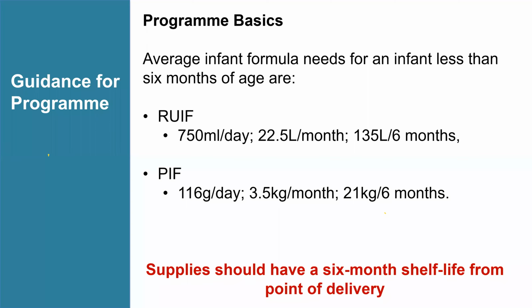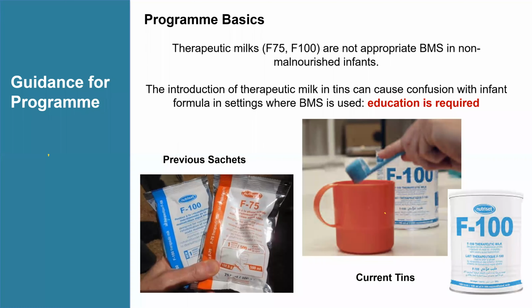Next slide. Supplies should have a 6-month shelf life from point of delivery. We have to ensure that if we are distributing BMS, that we're distributing it appropriately. One thing to consider if you have programs using F100 or F75, if you have malnutrition in your context, that F75 and F100, they're not appropriate BMS in non-malnourished infants.